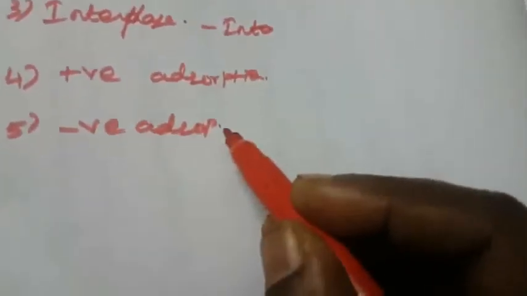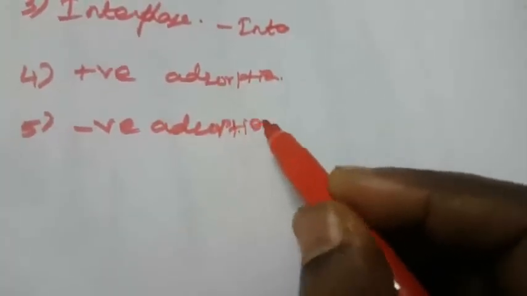Negative adsorption means the concentration of the adsorbed substance is very low. So what is positive adsorption? The concentration of the adsorbed substance is high, and negative adsorption is the low concentration.